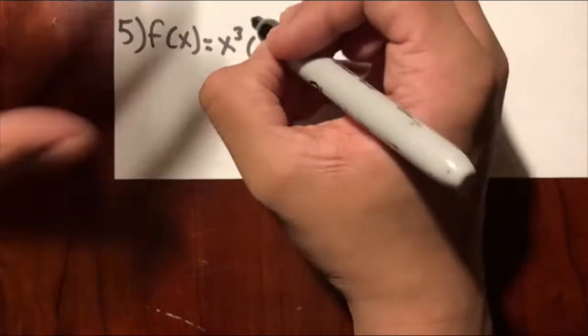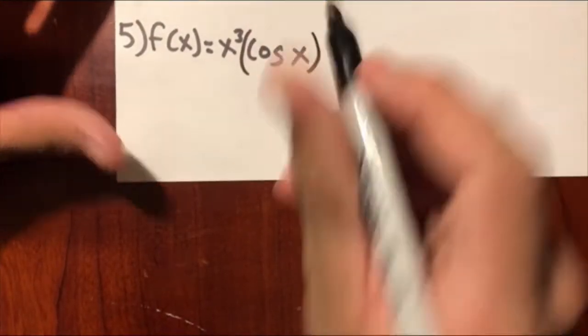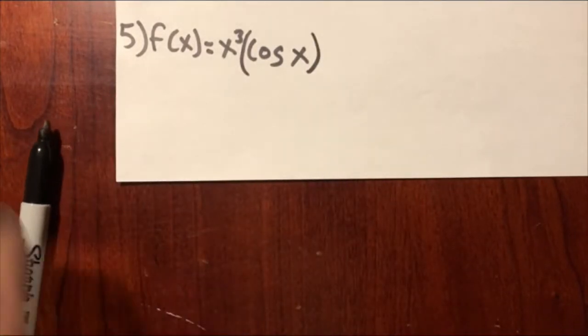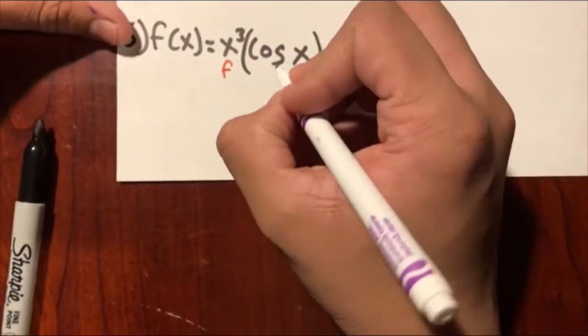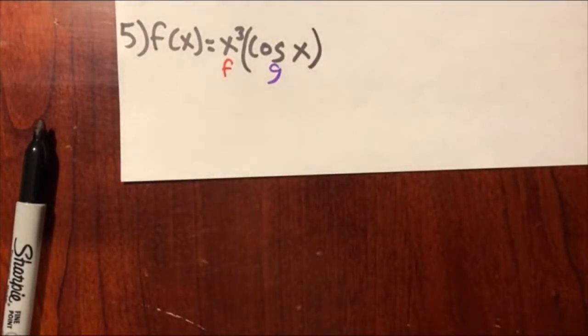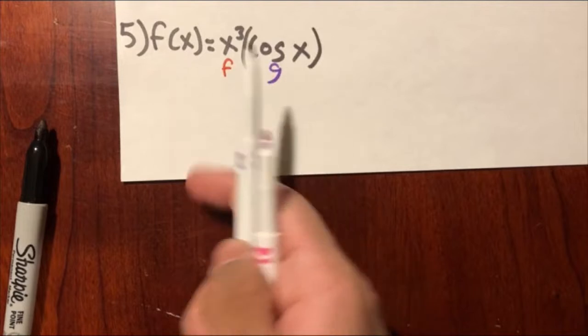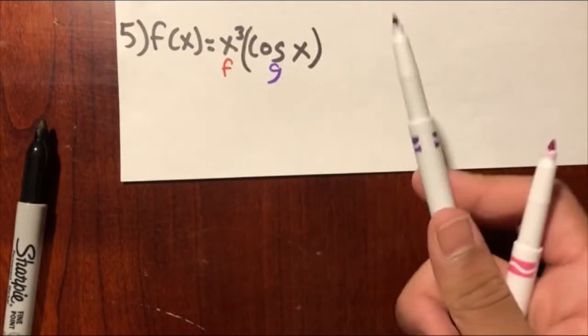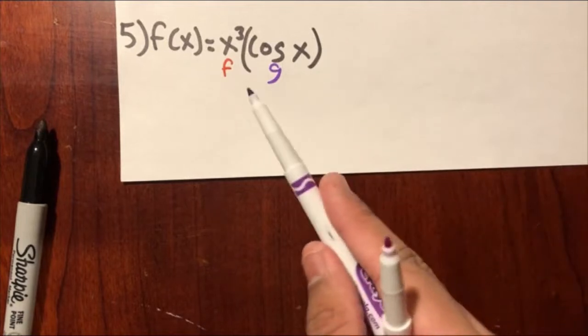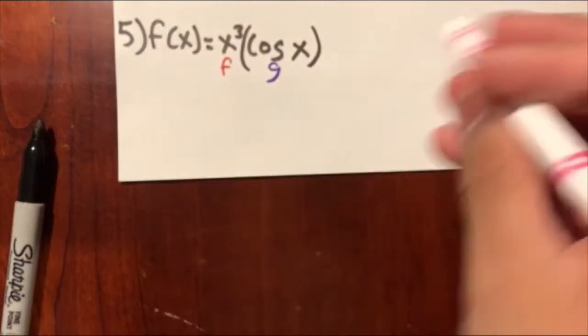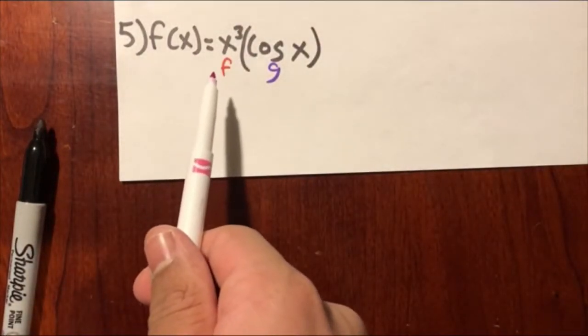Always put parentheses around your cos x, so you can easily identify that this would be your one function and then this would be your second function. Always define your functions through parentheses. So I did my parentheses, I identify that's my first function, that's my second function.